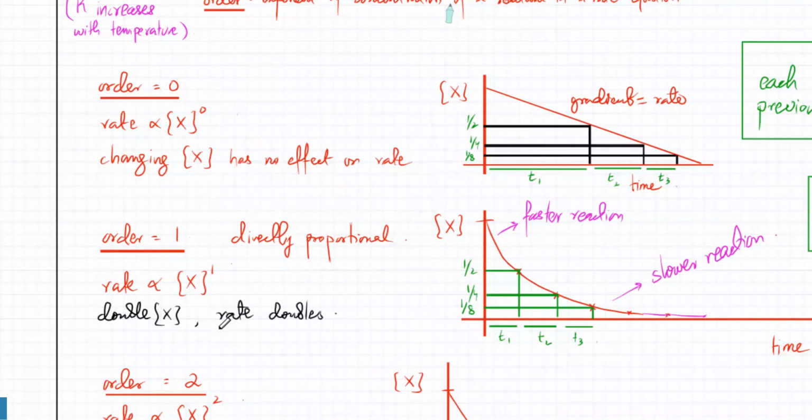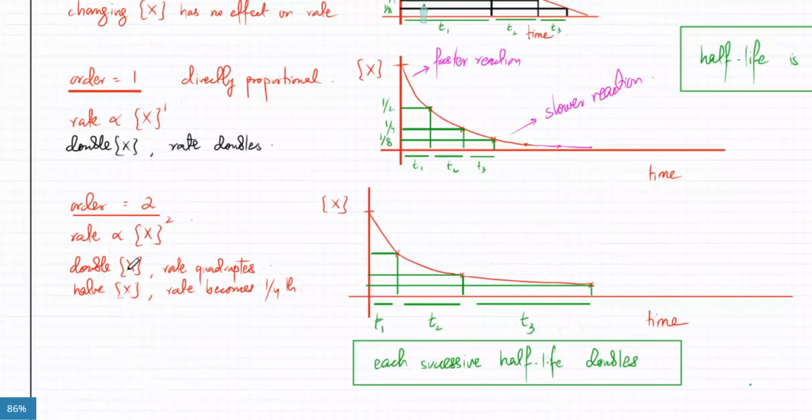You have order 1, which means rate is directly dependent on the concentration of the reactant, so if you increase the concentration of X, the rate would also increase proportionally. And order 2 is that rate is dependent on the concentration of the reactant, but it's a quadratic relationship, which means that if you double the concentration, the rate quadruples.